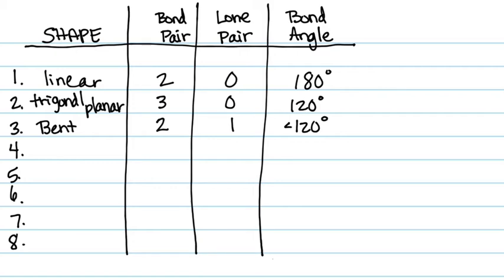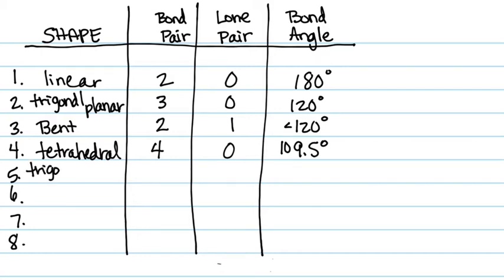The next one was tetrahedral. That's our 4 areas there for tetra. 4 bonding pair, no lone pair. The bond angle was 109.5. After tetrahedral, we had trigonal pyramidal.